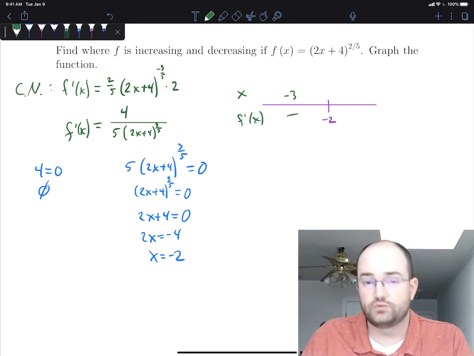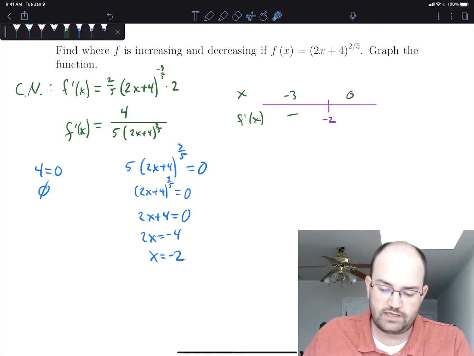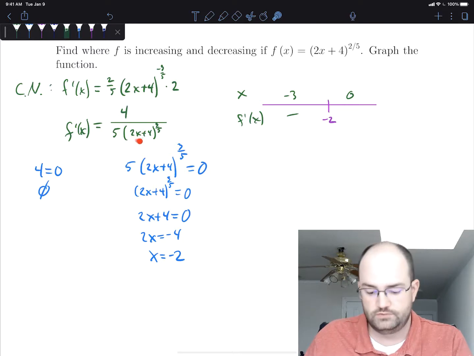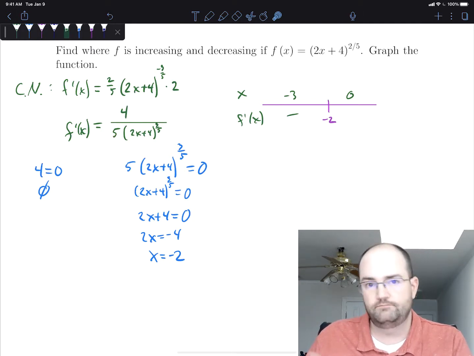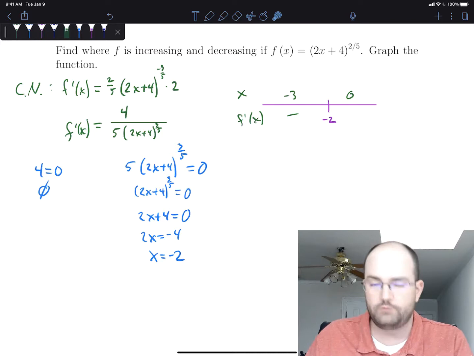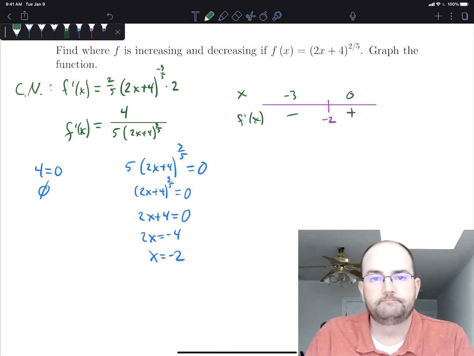Now, to the right of negative 2, my preference is always 0, if we can. 2 times 0 is 0. 0 plus 4 is 4. That's positive. Positive to the 3/5 power is positive. Positive times a positive, positive over positive. We're just all positive here. There you go.